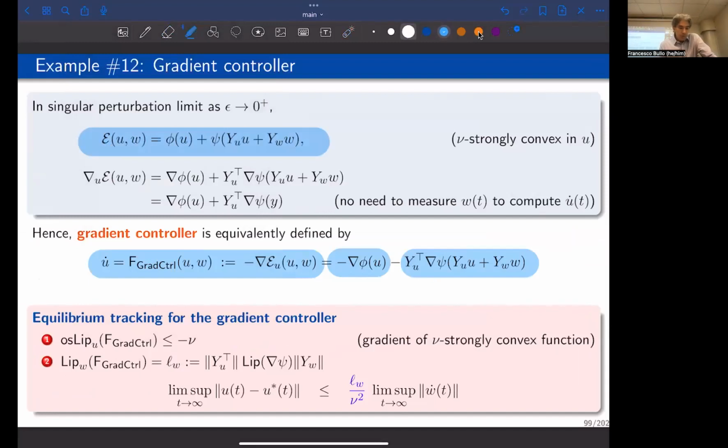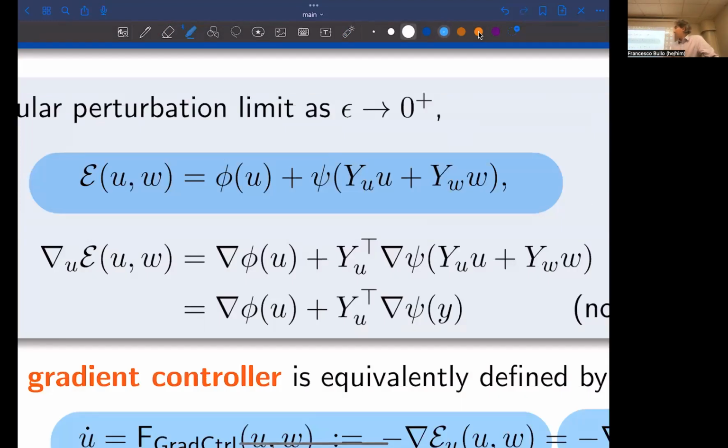Now, if you look at it for a second, the function E depends upon U in two places, but then it also depends upon this Y of U. I'm not sure that this is all full rank in general. If this is an invertible matrix, then I could make this function strongly convex. But you know what? If you make the first function strongly convex and the second convex, then the sum of a strongly convex function with a convex function composed with a linear operation still remains strongly convex.